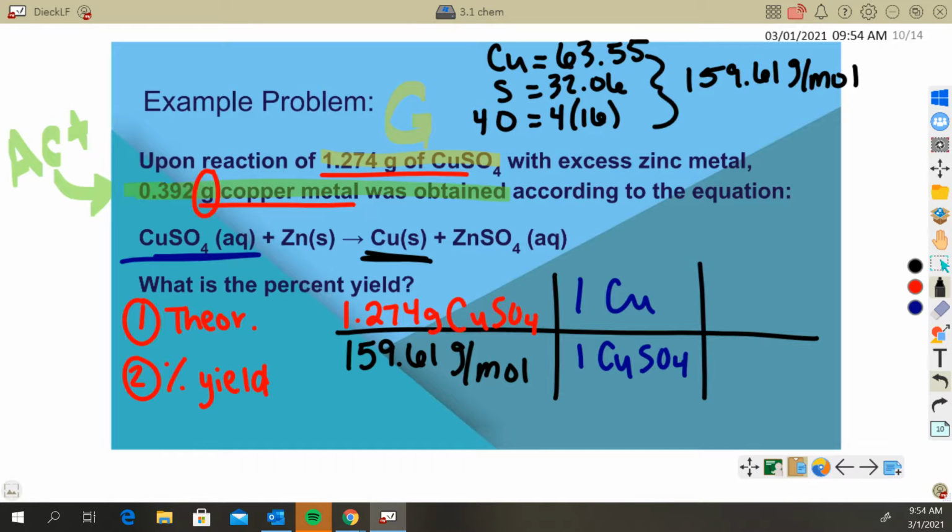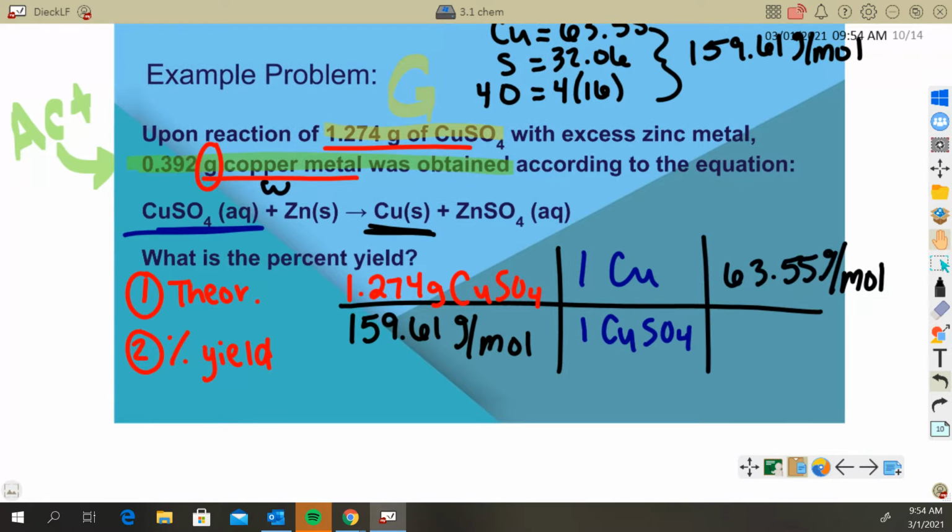Lastly, I'm trying to solve for grams of copper metal. This is what I want. Grams of copper metal. So what do I need to put in my upper right-hand corner of my right train track? The molar mass of copper, which we have up here, 63.55 grams per mole. So when we multiply all of this out, that's going to give us what's known as our theoretical yield.